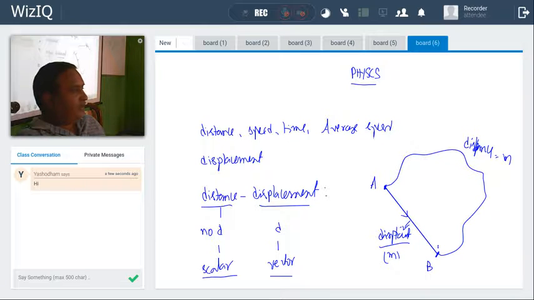Now suppose you want to travel the displacement with a speed, A to B directly, then we call it velocity.